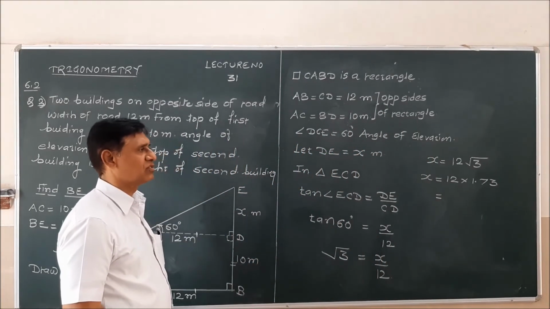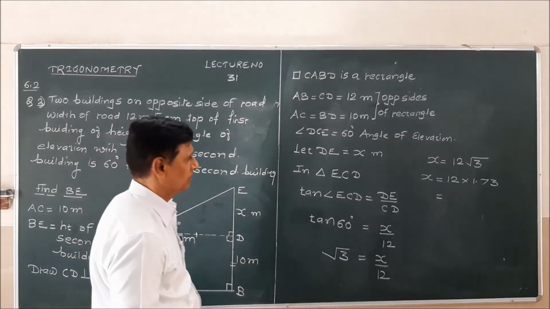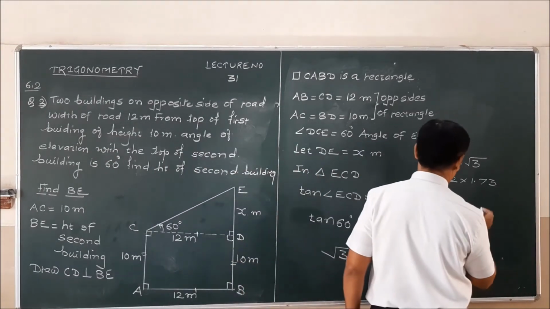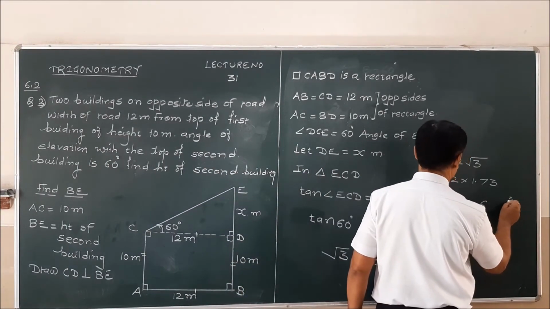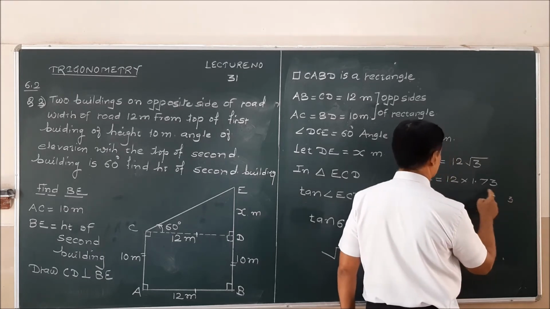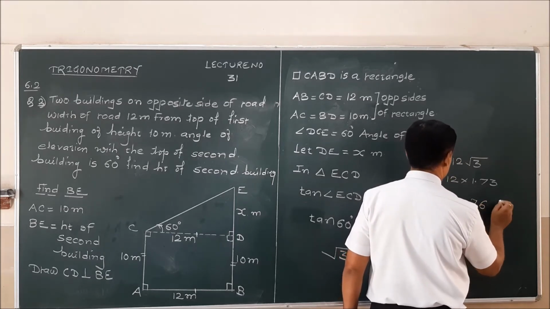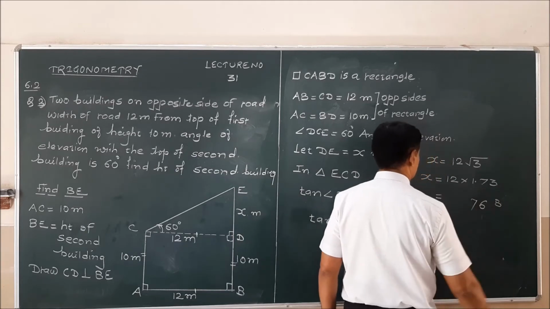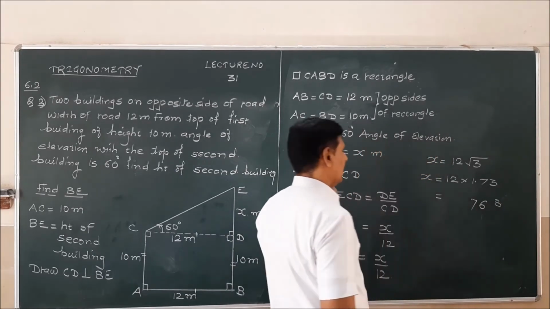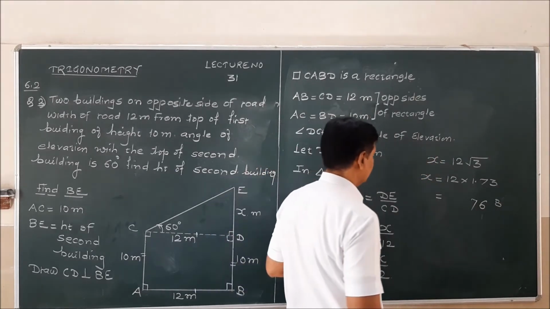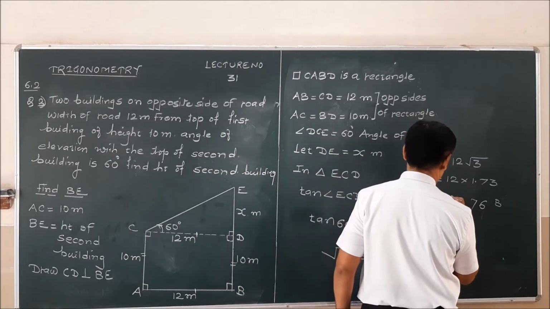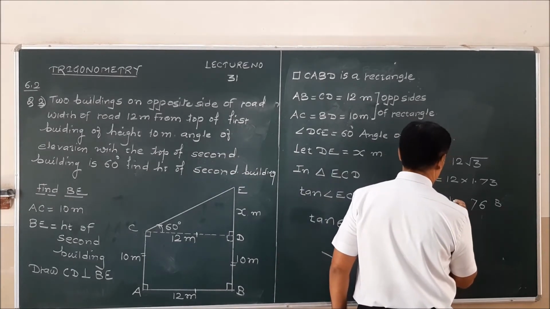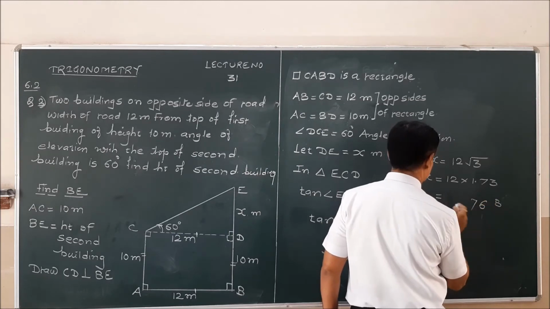Value of root 3 is always 1.73. 12 3s are 36. 12 7s are 84 plus 3, 87. 12 ones are 12 plus 8, 20.